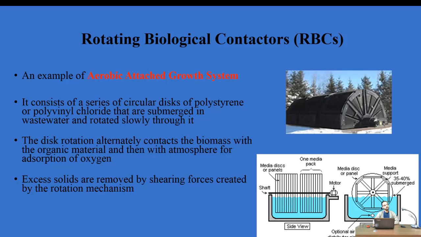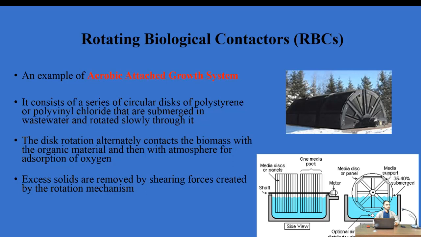We can see from the figure shown in this slide the RBC reactor. It is half submerged in wastewater, and the other half is exposed to the air for taking in oxygen.